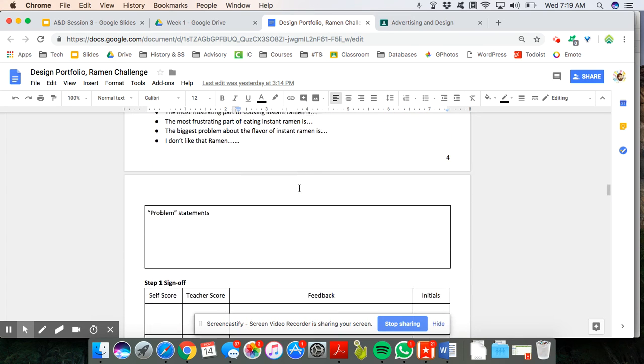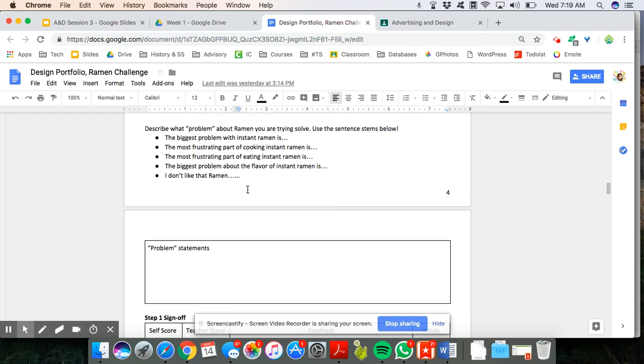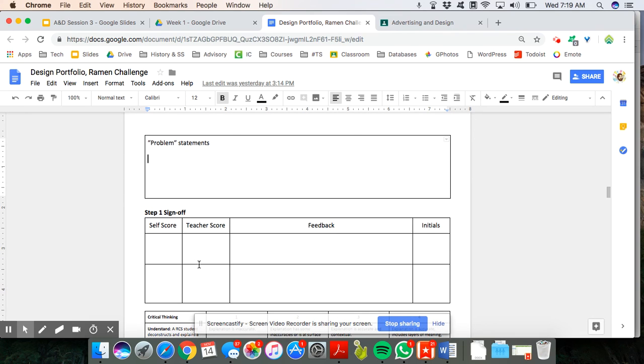And then the last thing we did today was end with problem statements. We have these sentence stems for you here, and the goal is to come up with at least three problem statements for problems you can identify, and then hopefully improve in the ramen that you create with your team.